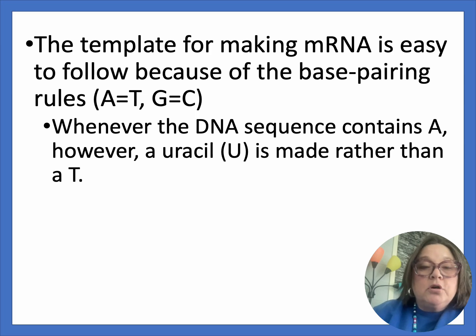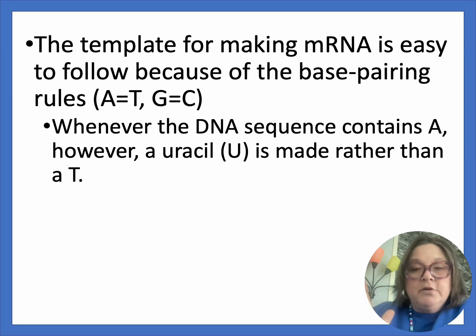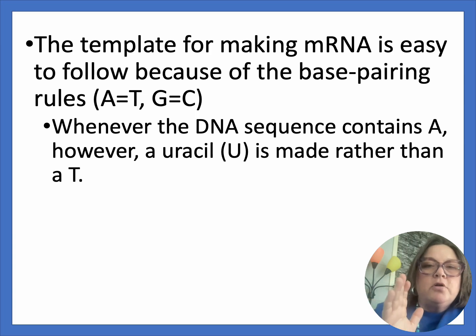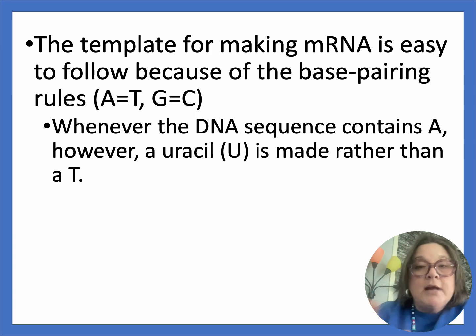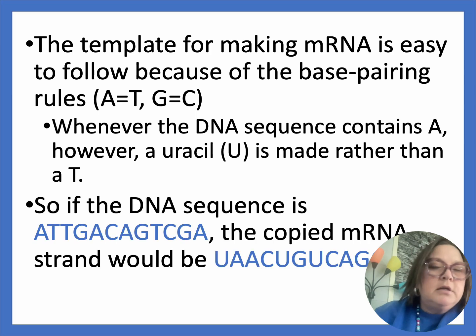So with your messenger RNA, your A is matching up with your U instead of the T. If we were talking about DNA, your adenine would match up with your thymine, so your A would match up with your T. But now we're talking about RNA, so your adenine is going to match up with your U, your uracil. This is how it's all going to come together.